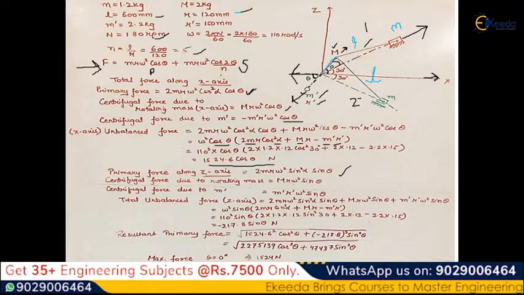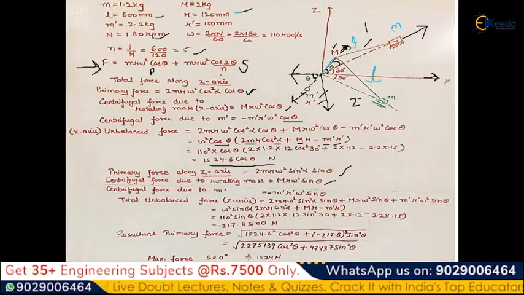Similarly for the crank, because the centrifugal force is in this direction, its z component will be M r omega square sine theta, and for the counter mass it will be in the opposite direction, so it will be minus m dash r dash omega square sine theta. So this will be subtracted, and we get the common factor.